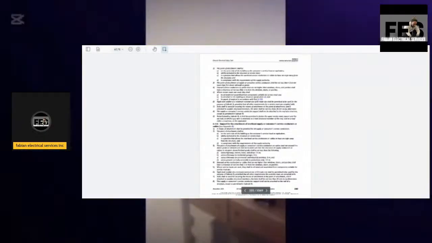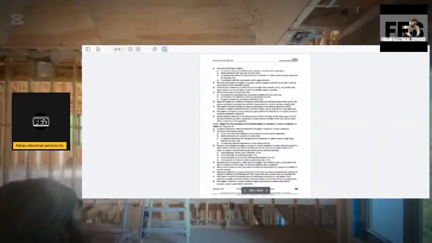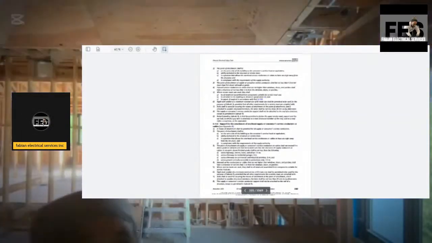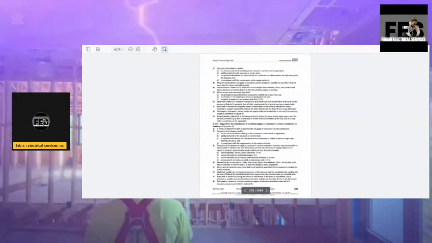The point of attachment of supply or consumer service conductors shall be not less than 4.5 meters, nor more than 9 meters above sidewalk or grade.